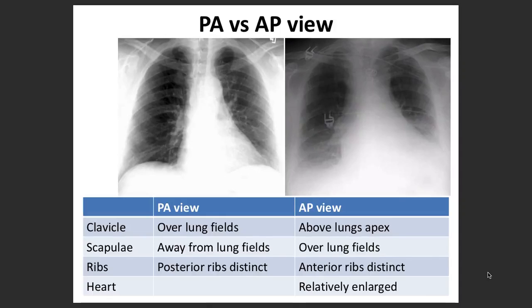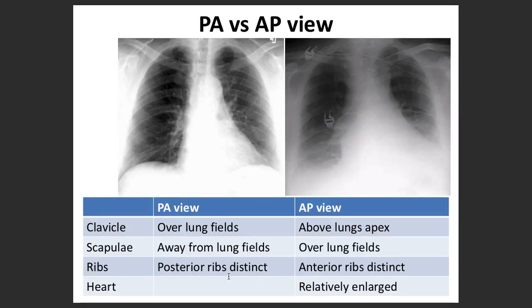So then comes the PA or the AP view. What is the difference basically? The basic difference is that by looking at the clavicle itself, you will be able to see. If it is above or over the lung field, this is the PA, okay? Otherwise, if it is just at the lung apex itself, it is AP.